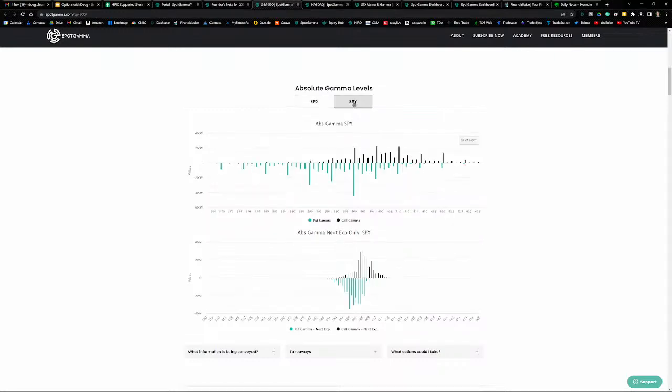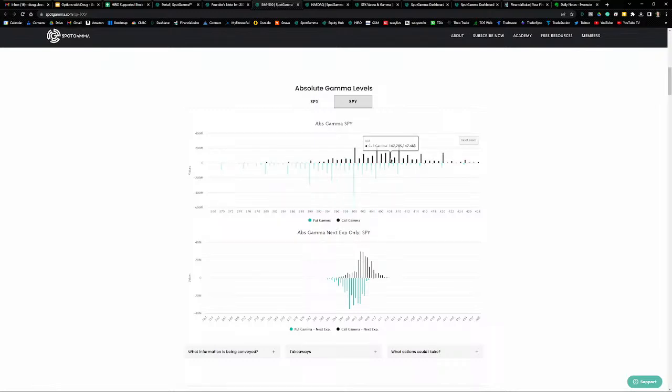Let's take a look at SPY now. So for SPY, 400 is the key gamma strike or the absolute gamma strike, and the put wall is down at 390. Again, the strike with the largest net negative gamma.